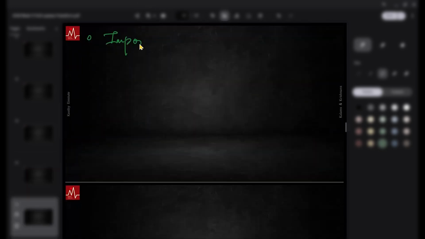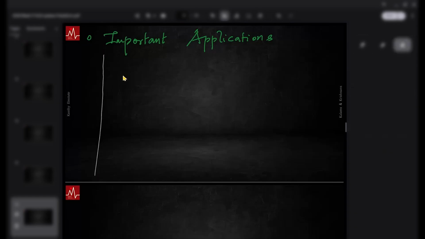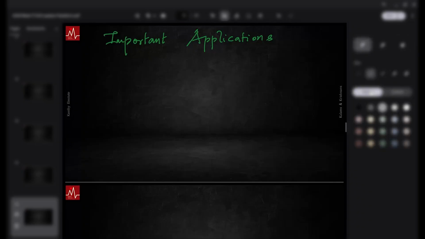Important applications, some fairly well known things.